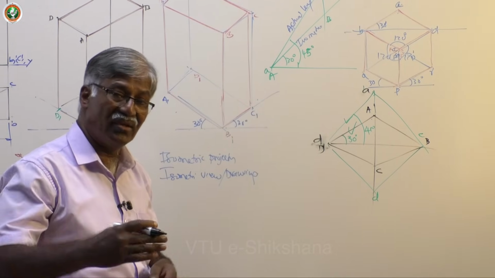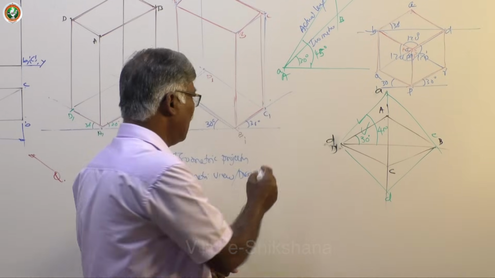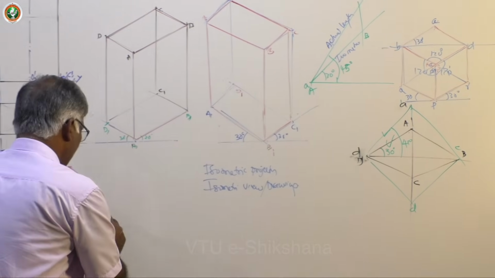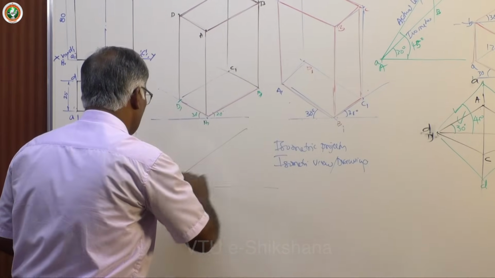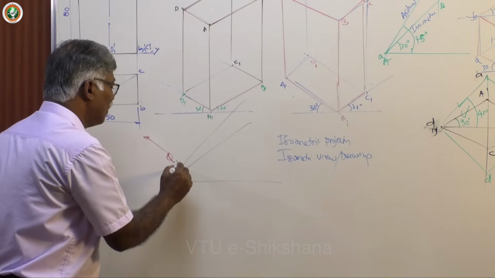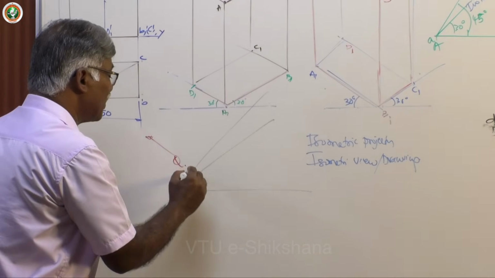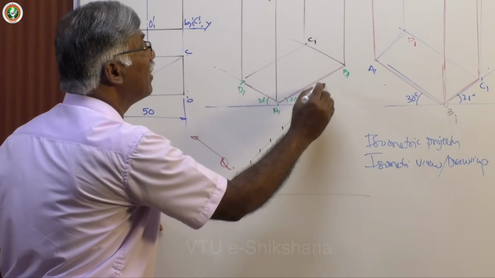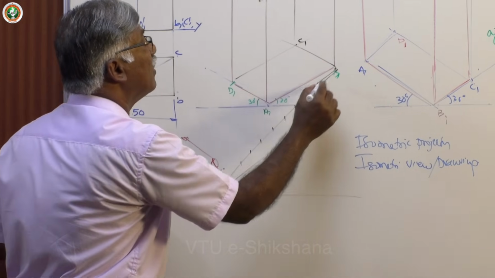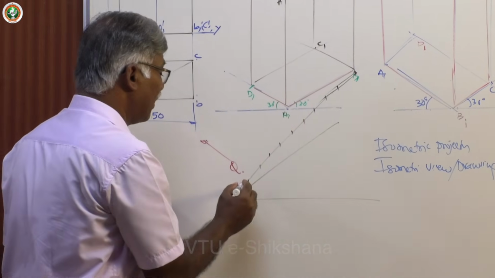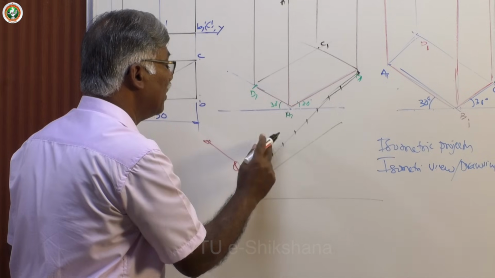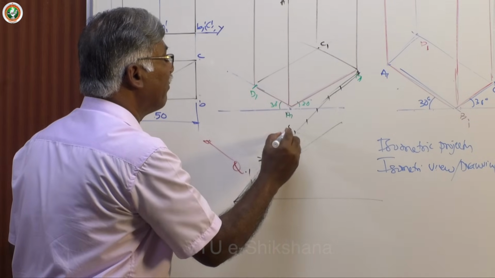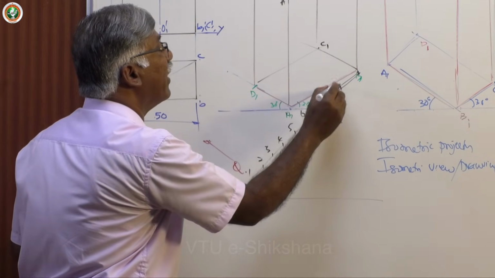any length, 1 centimeter, 10 centimeter, or any number of units. So, let me draw a general isometric scale. On the 45-degree line, you fix actual 1, 2, 3, 4, 5, 6, 7, 8, up to 10, say. Any number, any value you can take. 1, 2, 3, in centimeters, say. 8, 9, 10.